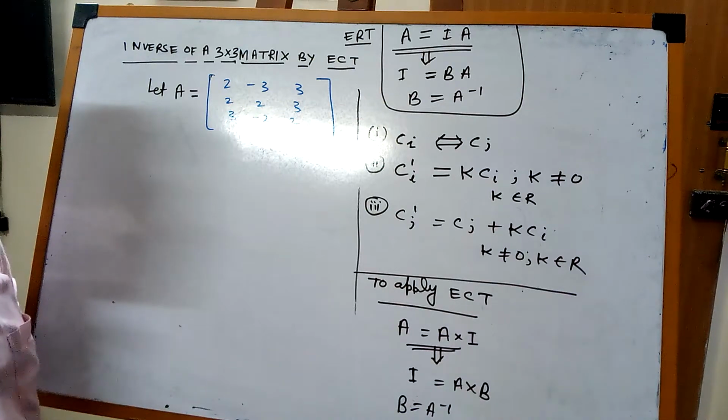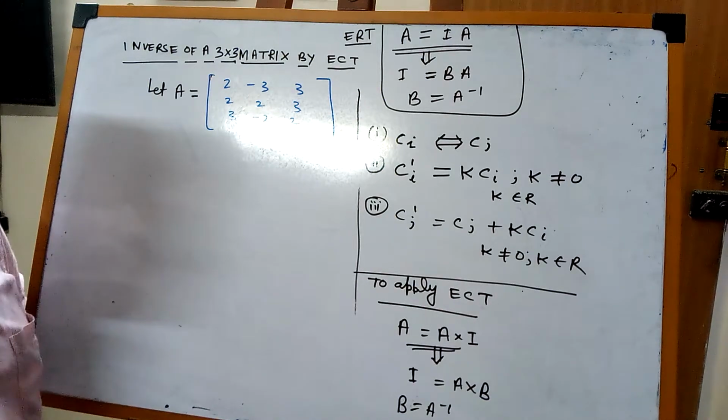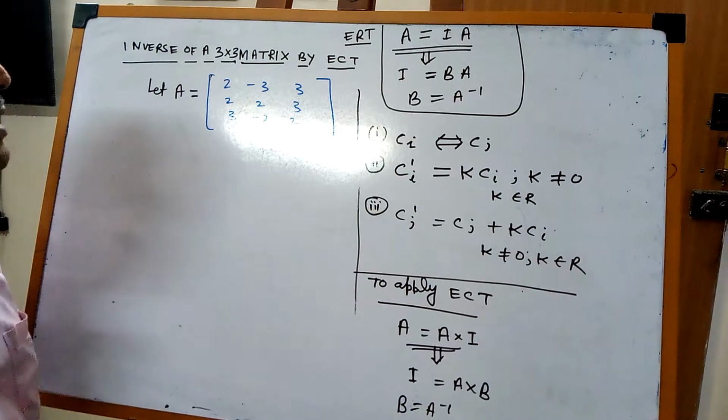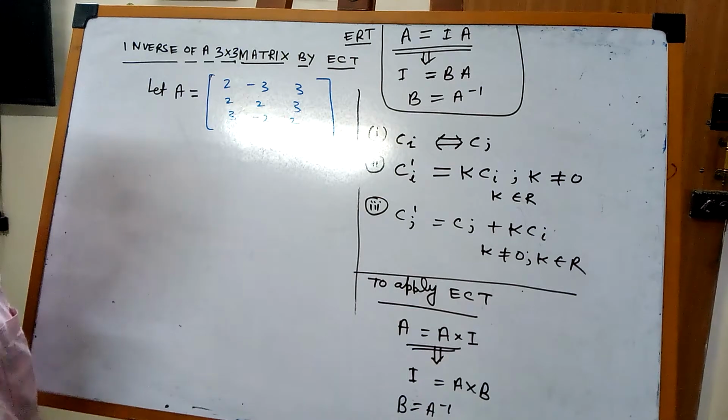Good evening. We are going to start inverse of a 3 by 3 matrix by elementary column transformation. This will take more space than a 2 by 2 matrix, so I'll be using the full size of the board for this purpose.